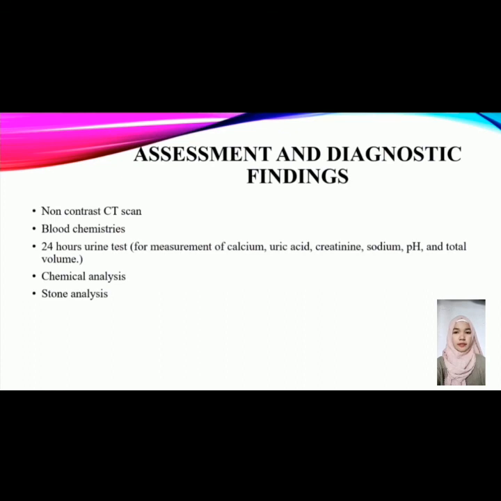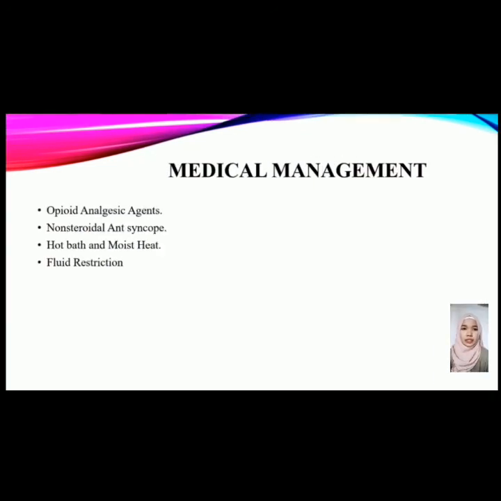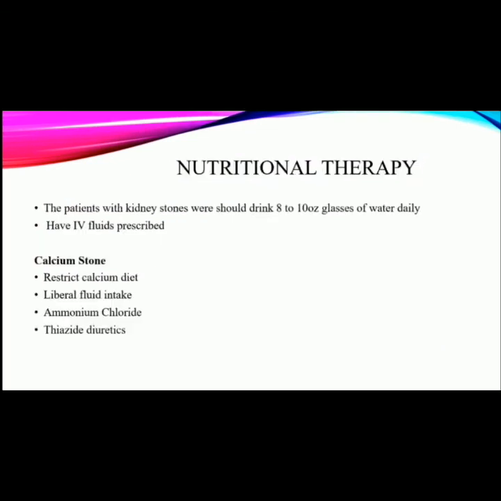Assessment and diagnostic findings: non-contrast CT scan, blood chemistries, 24-hour urine test for measurement of calcium, uric acid, creatinine, sodium, pH, and total volume, and chemical stone analysis. Treatment includes opioid analgesic agents, non-steroidal anti-inflammatory drugs, hot baths with moist heat, and fluid restriction.